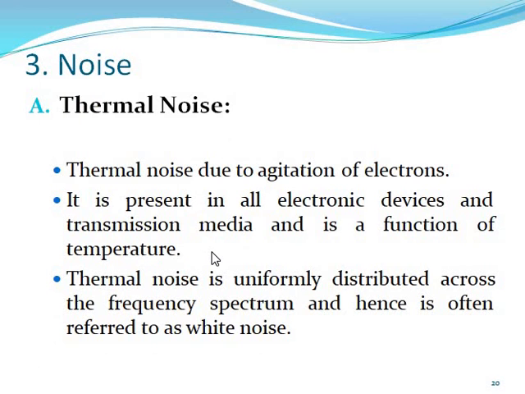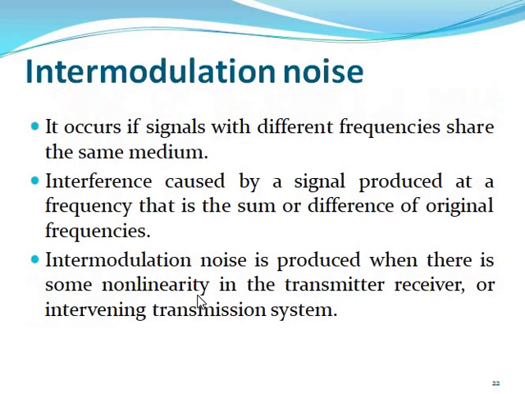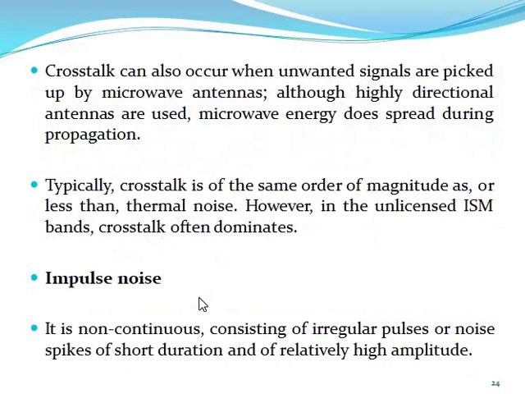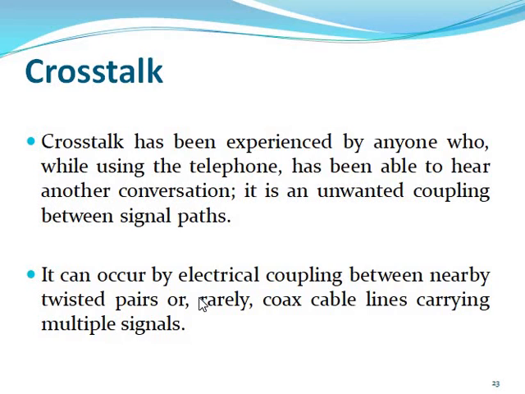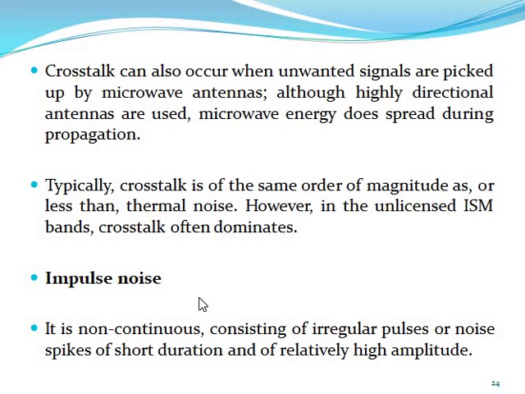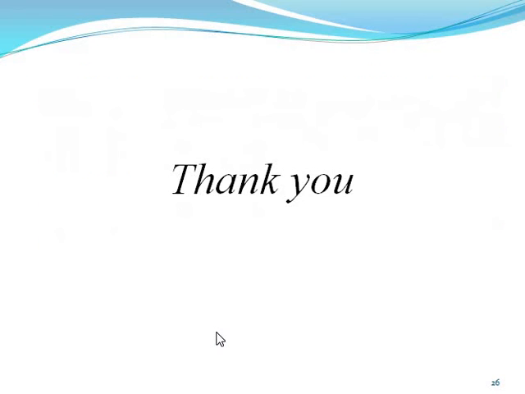Then noise can occur. The signal travels over a long distance, that time you can have noise, uniform and non-uniform. So the intermodulation noise and crosstalk. So we can show the crosstalk and impulse noise are for the noise section. So we can show the antenna and propagation mode. So thank you all of you.